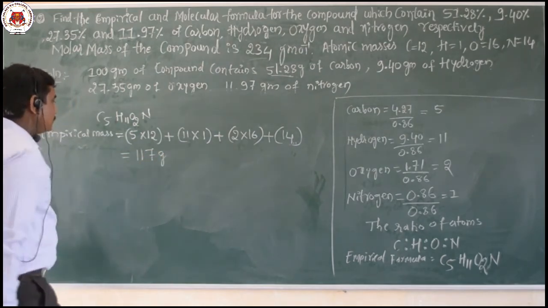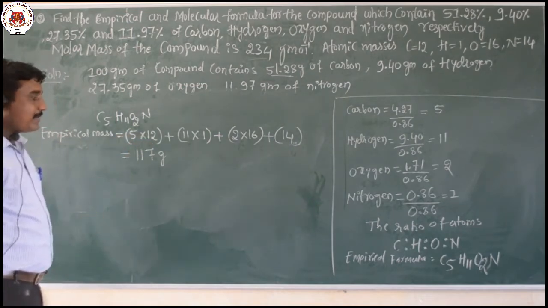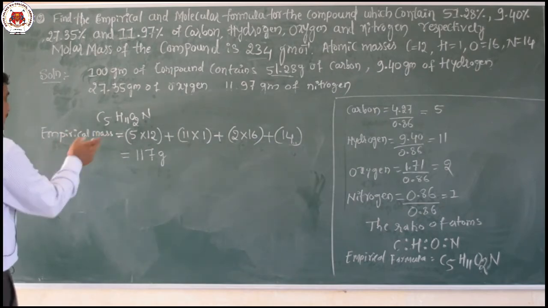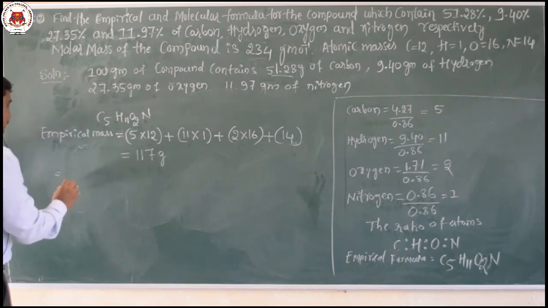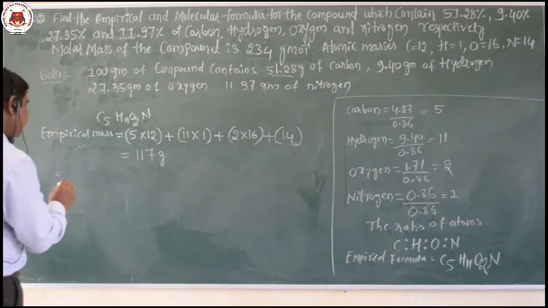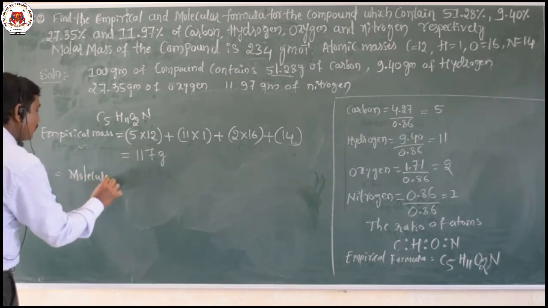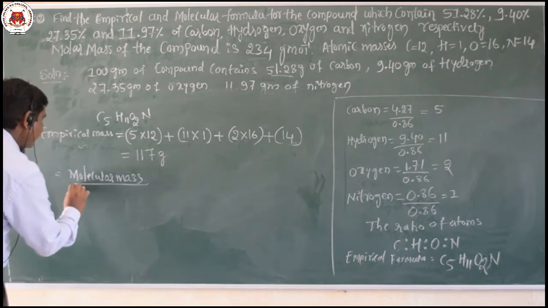117 gram. So this is the empirical mass of this compound. After calculating this empirical mass, you have to calculate the N factor. The N factor is calculated using the formula: molecular mass divided by the empirical mass.